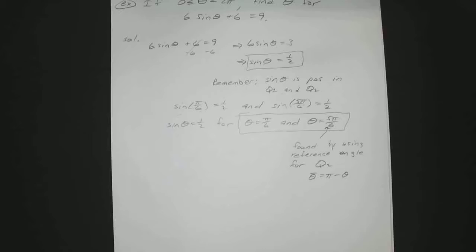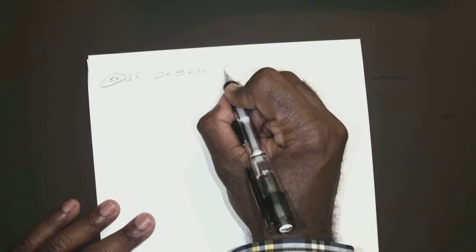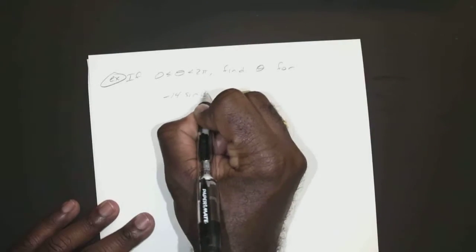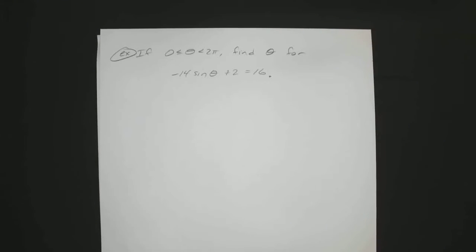Okay, our next example. Okay, so let's say we know that theta is between 0 and 2 pi, we want to find theta for negative 14 sine of theta plus 2 equals 16. Just like before, we want to isolate sine of theta.